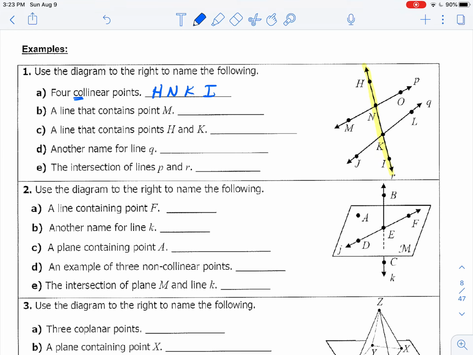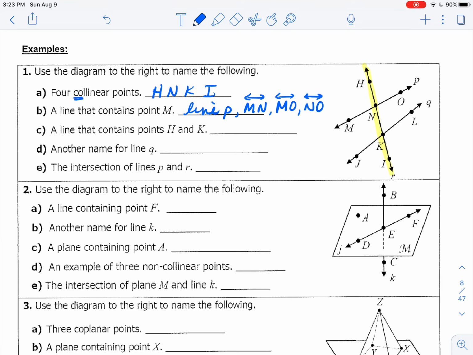A line that contains point M. Okay, we're looking at this point M. We can name this several different ways. We can name this line P. We can name it MN, MO, NO. Those are some options.